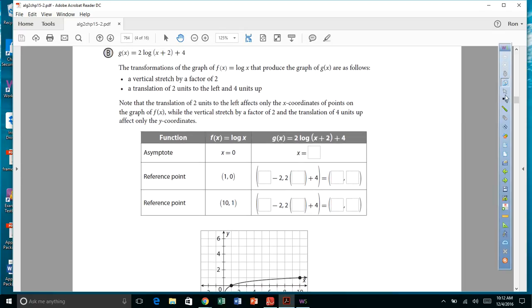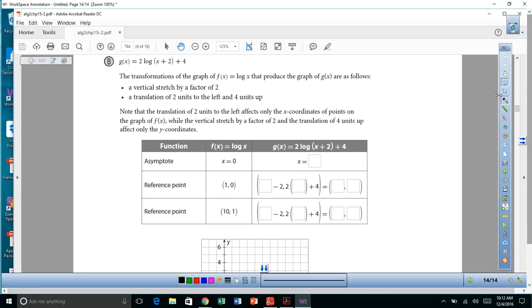All right. So here's what we want to do. Given g of x equals 2 times log of x plus 2, plus 4. So I think first what we need to do is identify the a, the h, and the k. So let's see here. We'll let a equal 2, and that's the a. h equals negative 2, and there you go right there.